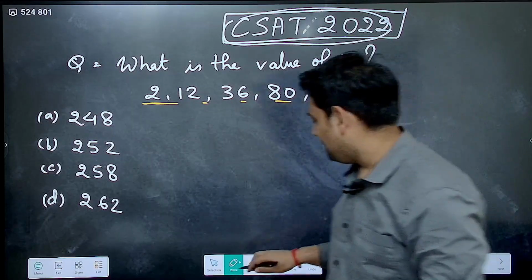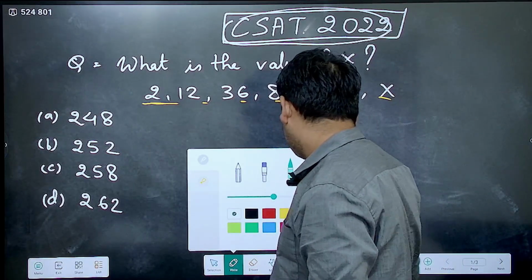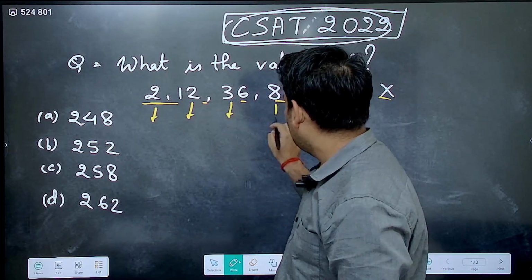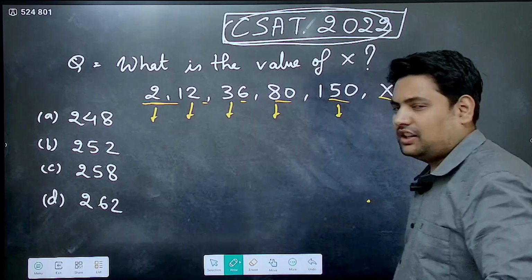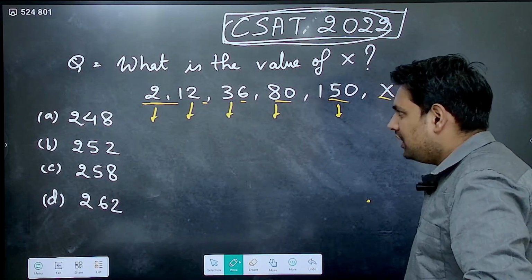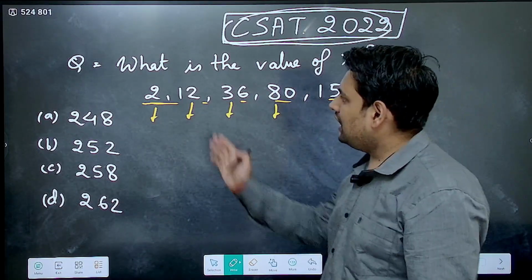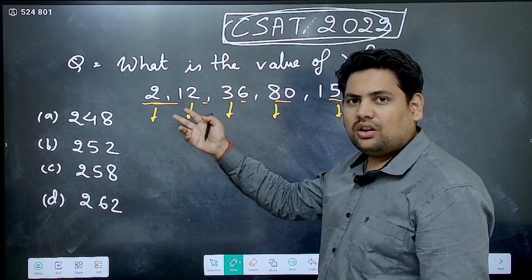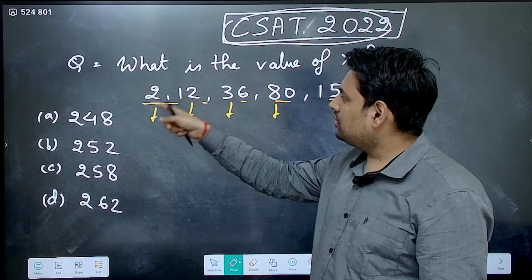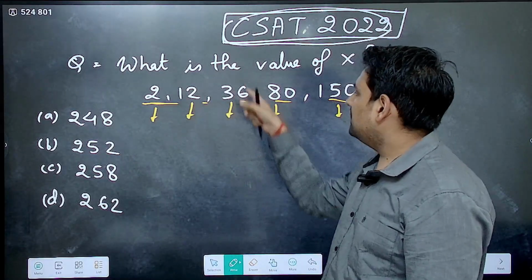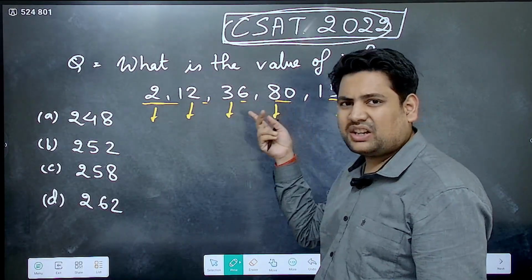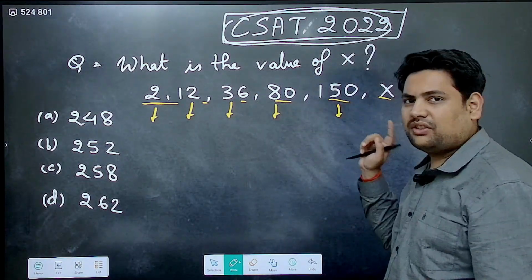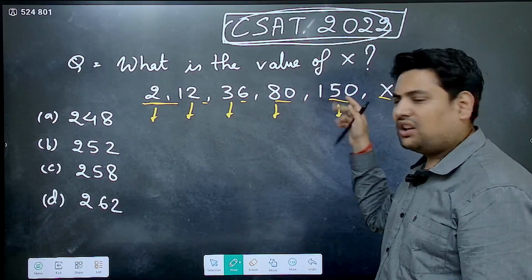See, this is 2, then 12, then 36, then 80, then 150. What are they close to? Whenever you see a series like this, which has a very large difference and no relation in multiplication also. 2, 6 times is 12, 12 3 times is 36, 36 not even 2 times and something is 80, 80 is not even, 82 is more than 150.